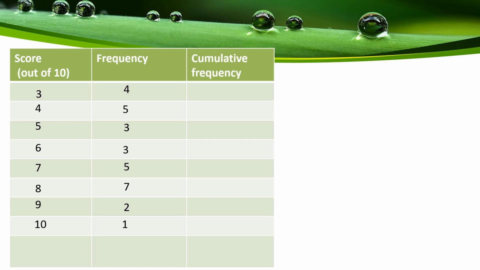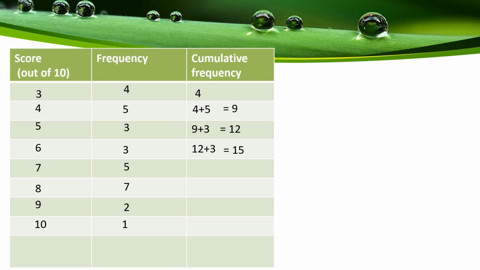Now, cumulative frequency: the students who scored 3 marks, starting with 4, then students who scored 4 or less: 5 plus 4, 9 students. Then the number of students who scored 5 or less: 9 plus 3, 12. Those who scored 6 or less: 12 plus 3, 15.